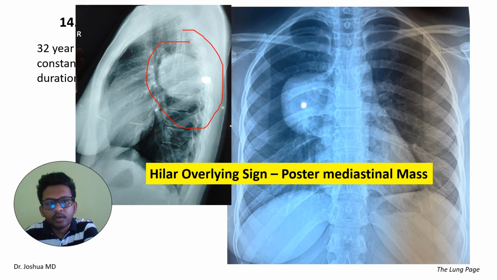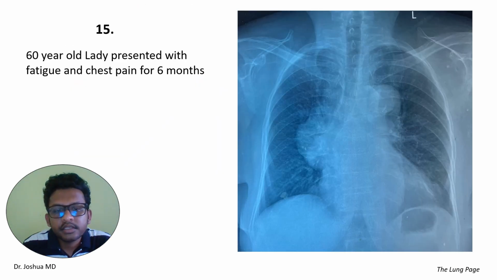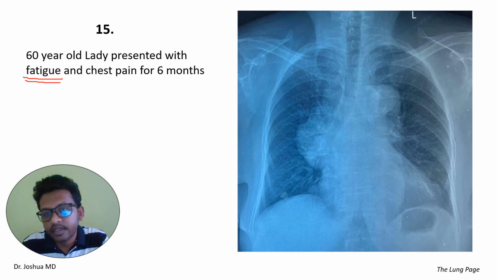Okay, now clear. So another case is case number 15. A 60-year-old lady presented with fatigue and chest pain for 6 month duration. The very important thing in the history is fatigue. So we took a chest X-ray. We all know the problem is here in the mediastinum.